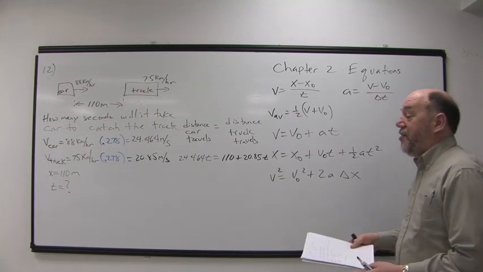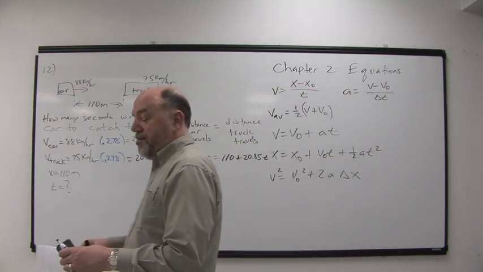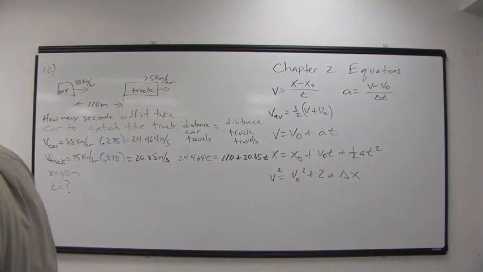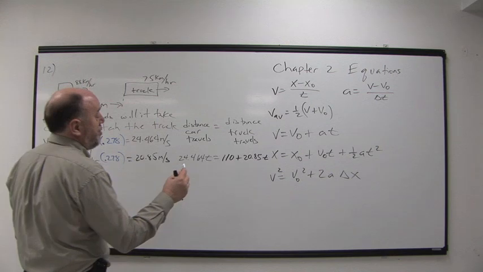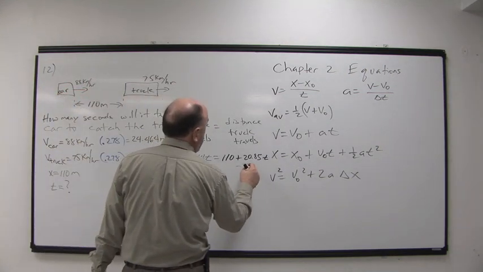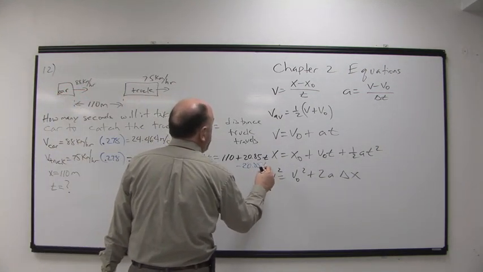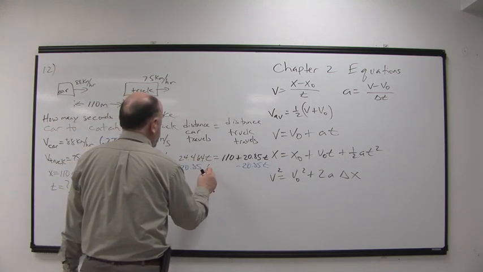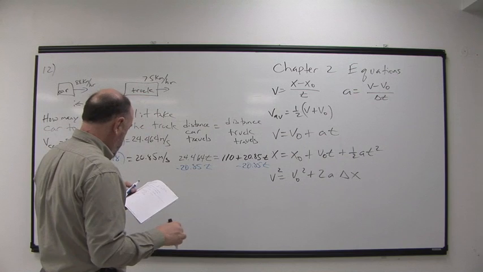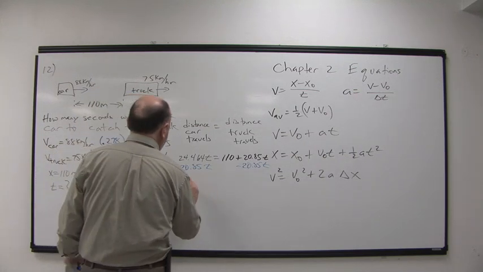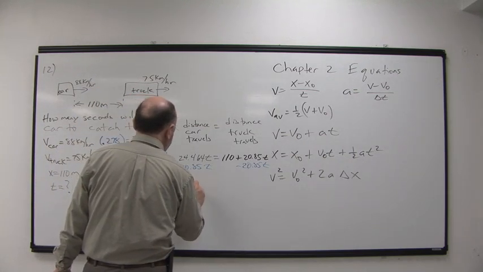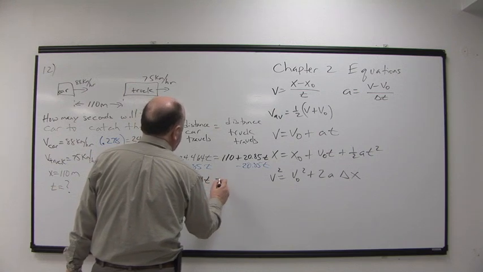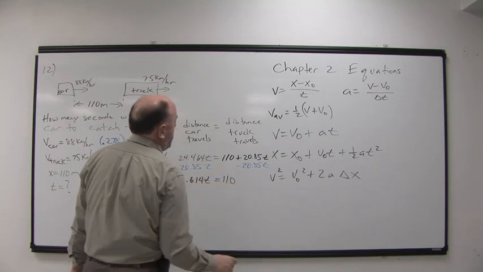Again, the way you solve an algebraic equation is by doing the opposite operation, so we subtract 20.85t, and so we get 3.614t is going to equal 110.